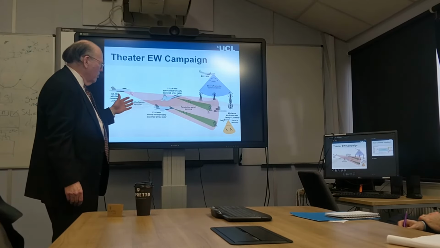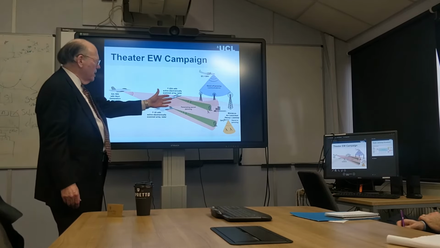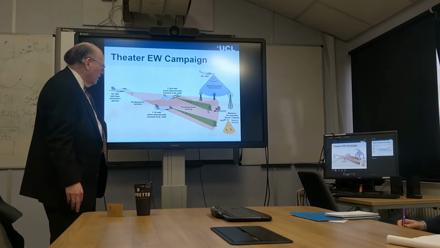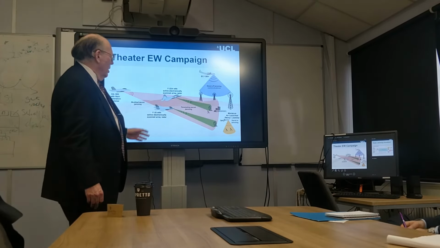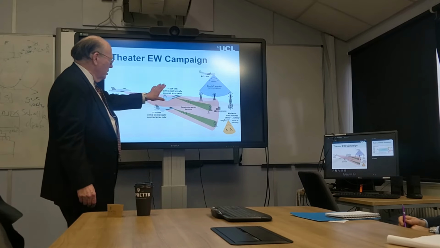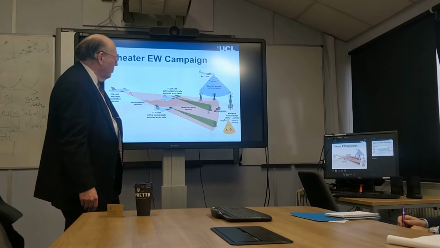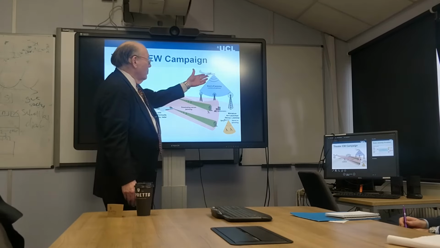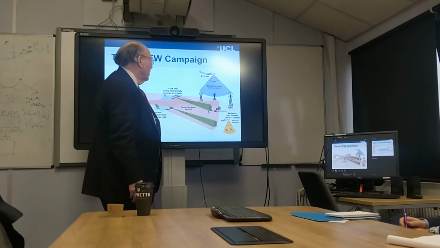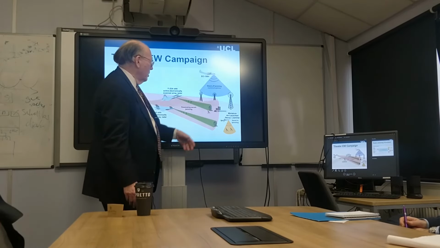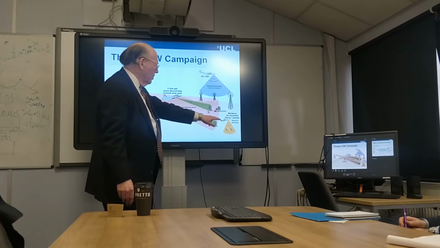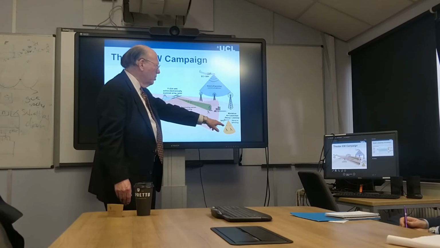An escort jammer is a jamming aircraft that flies in with a strike force. You could have specialized aircraft that do other kinds of jamming. We could have EC-130s, which do standoff jamming and communications. We have miniature air-launched decoys, and I'll show you that later.